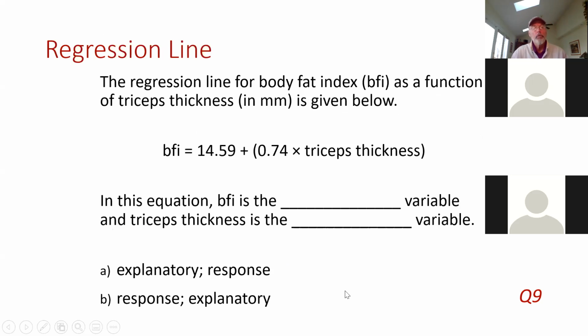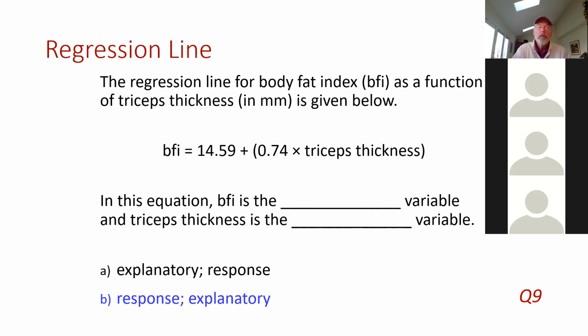All right, on to regression. Back to explanatory and response variables. What is BFI in this case? The response variable. It's got to be the response variable. Okay, so item B is the correct answer.